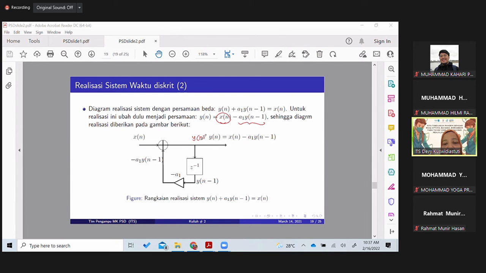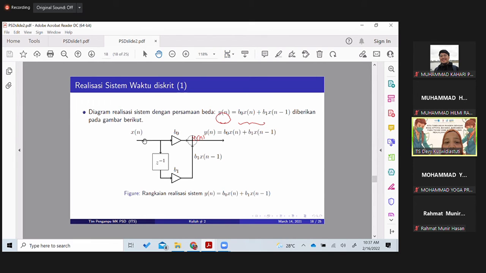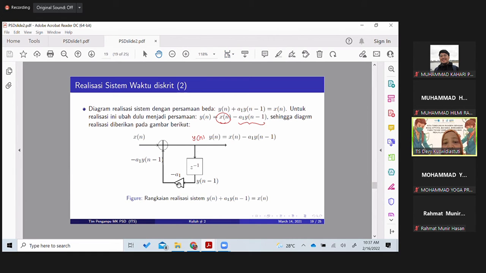This will be yn. If you look at the direction of the arrow for the output feedback multiplier, it is going to the left. If you compare with the previous example, related to the input, the multiplier is headed to the right, and for the output, it's the other way around.